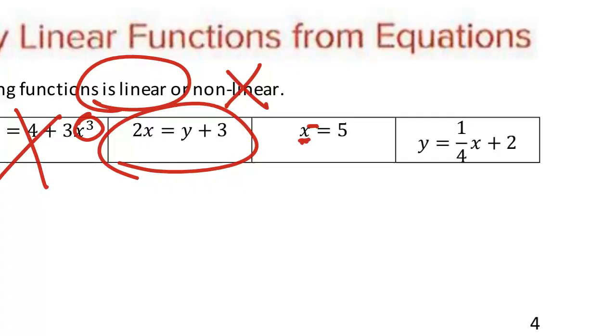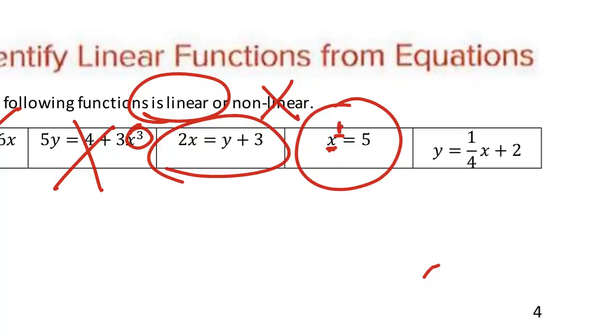It's a 1, right? Even if it's not written, it's a 1, so that is linear. Is it because the variable is by itself? Not because it's by itself, it's because every variable has an exponent of 1.